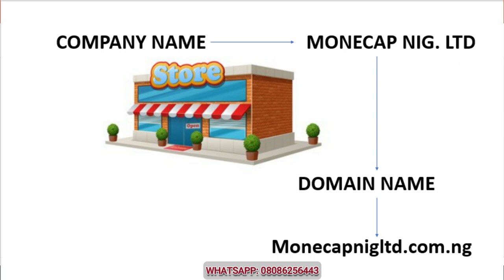Let's take for instance, assuming your registered company name is Namecheap Nigeria Limited. If you were to create a website for your company, your domain name will be www.namecheapnigerialimited.com.ng.